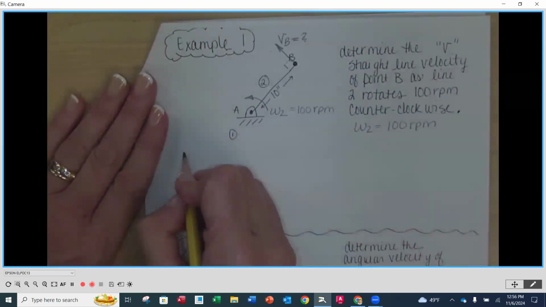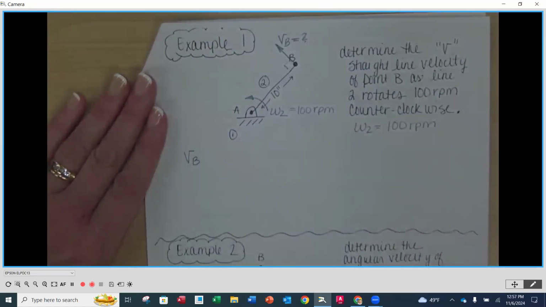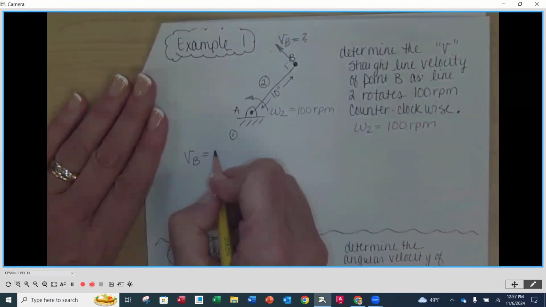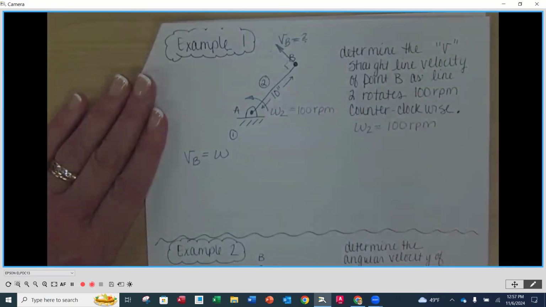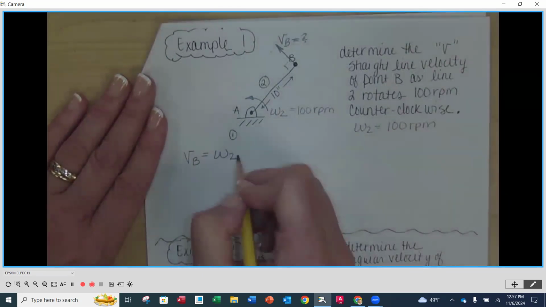So go back over here. We're going to say VB because that's the variable. Don't just put V, because we're determining the velocity at point B, so it has to be V sub B. It's going to be equal to our angular velocity of the link that this is on. The link that this is on is link number 2.